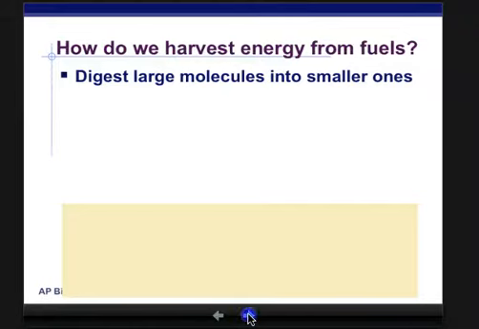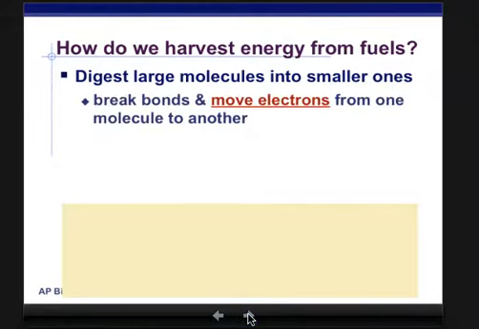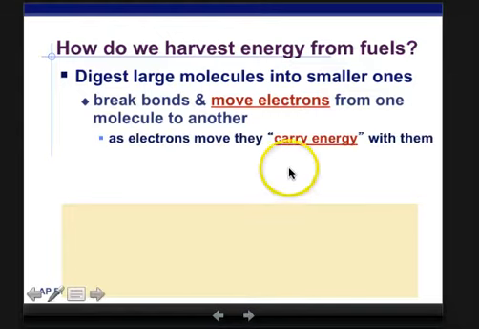All right. So when we digest large molecules, we're breaking the bonds and moving the electrons from one molecule to another. So it's going to be a lot of talk about moving electrons around. As electrons move, they carry their energy with them.